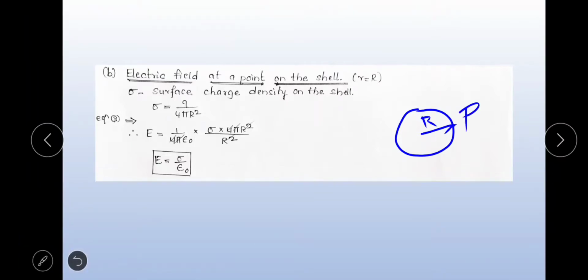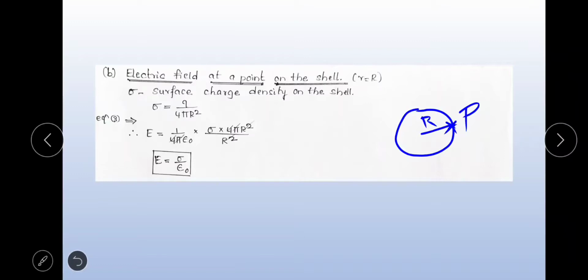This is point P. So you have to consider a point P on the shell, and also calculate the electric field at point P. Okay, so sigma is the surface charge density of the shell.